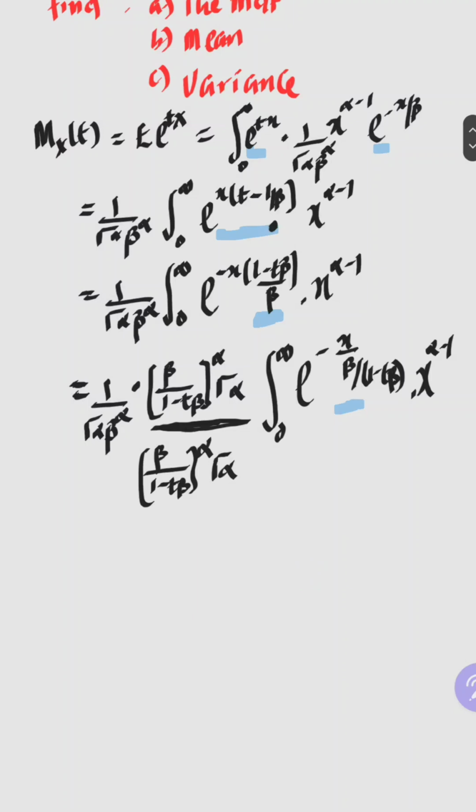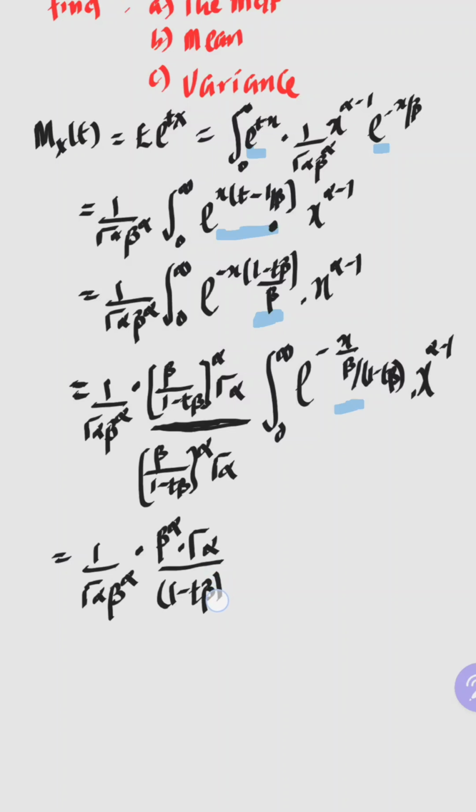Here I'm going to have 1 over gamma alpha, beta to the power of alpha. This is the same thing as beta to the power of alpha, gamma alpha, divided by 1 minus t beta, to the power of alpha.